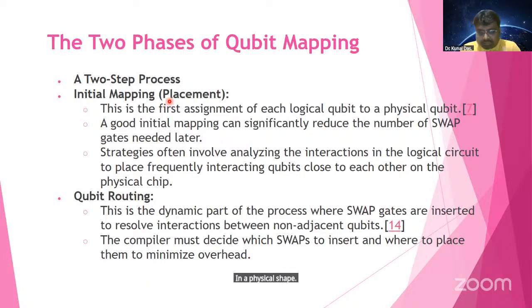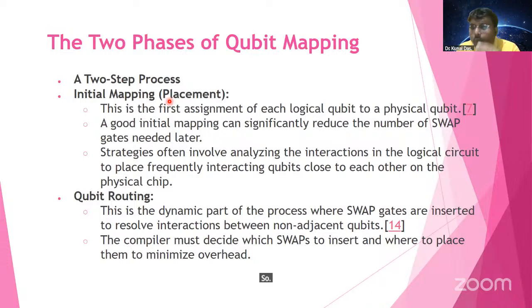Then the second step requires qubit routing. So first we choose one logical qubit, which has more connectivity, for placement purposes. That means if I consider the logical qubit mapping as a graph, then we get the degree.